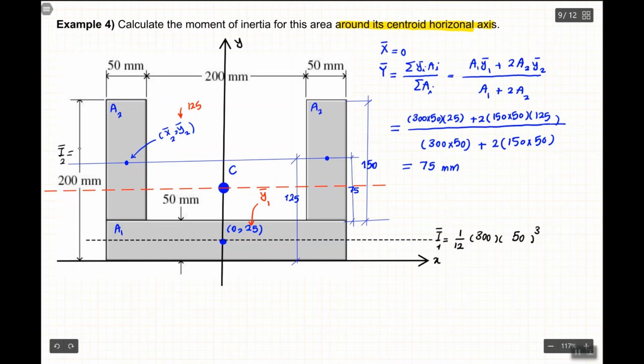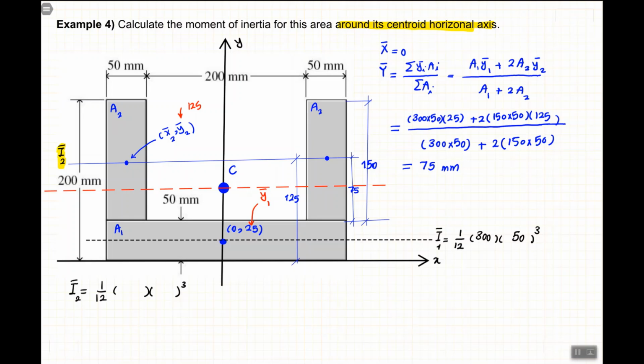It is equal to 1/12, or let me write it below here. This one that I'm highlighting is I bar 2, and I bar 2 is equal to 1/12, two brackets, to the power of 3.